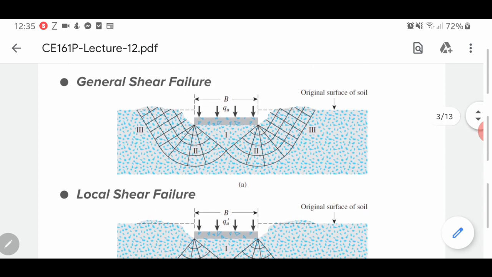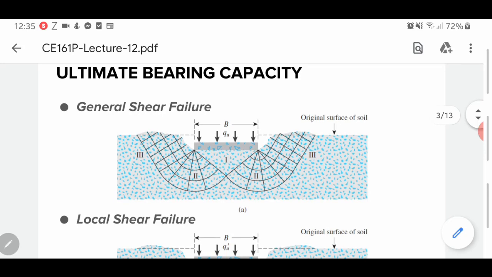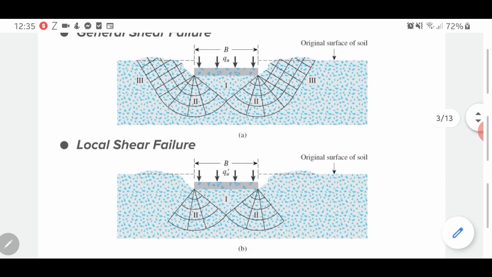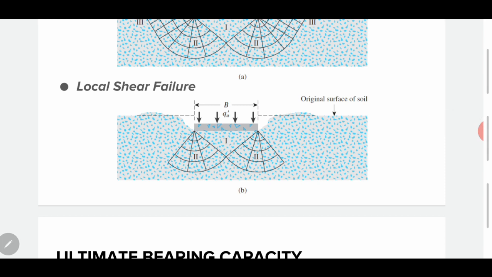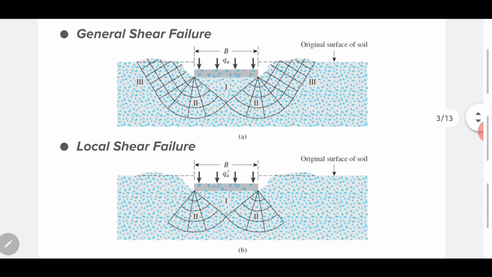So sa general shear failure, kapag tinulak ng foundation yung lupa, yung ibang parte ng lupa goes upward rapidly. Pero sa local shear failure naman, usually mas loose ang soil, mas nangyayari ito sa mga soil na mas loose, looser than what happens in general shear failure.